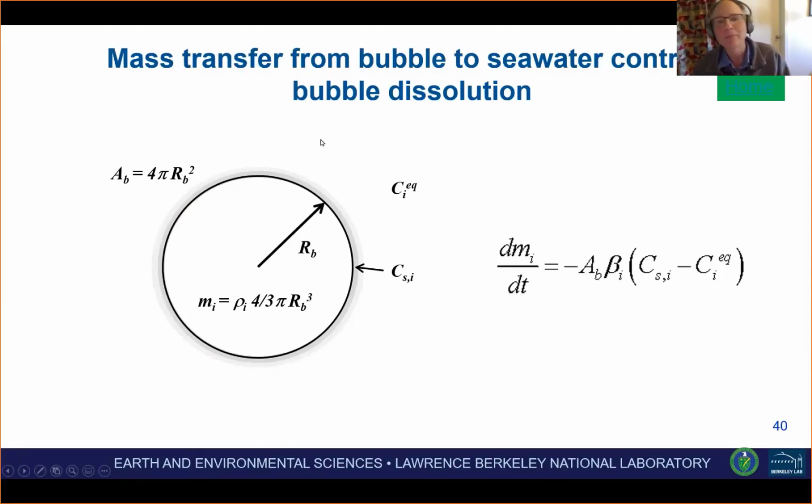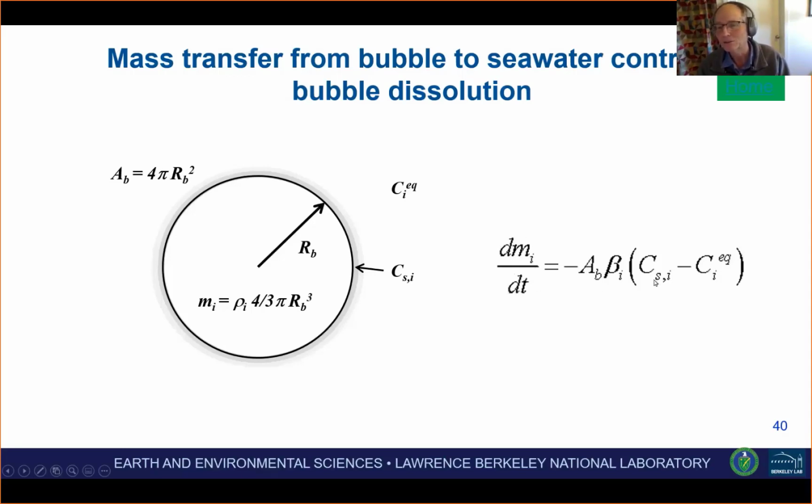So Abdullah, what I'm going to show here is a simple analysis, an order of magnitude sense, of how an individual bubble dissolves. This is a single bubble. It has this surface area, this volume, and this mass inside of it. There's a mass transfer equation that's solved in TAMOC for each bubble of this characteristic, looking at the rate of change of mass with respect to time.